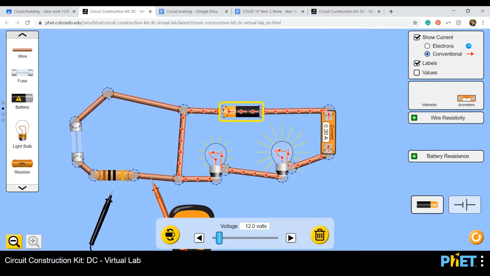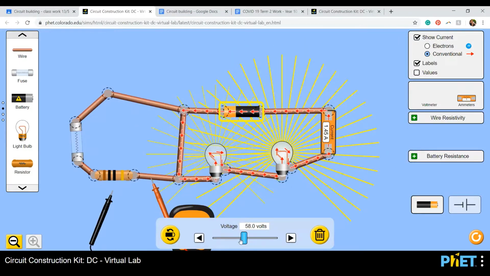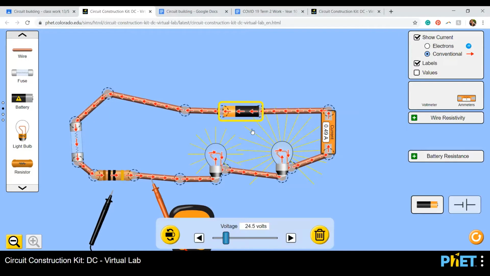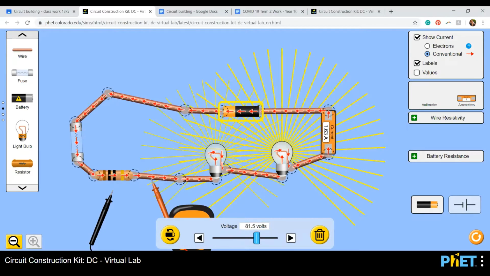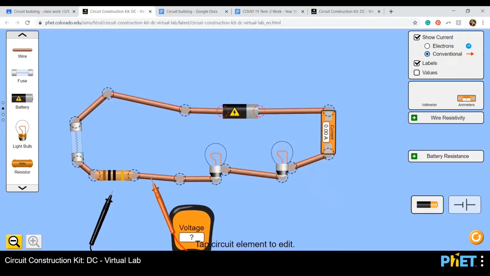Let's crank up the voltage and see. So now, if I build up the voltage too much, I think what will happen is that fuse will. If I crank up the, bang, okay, I blew up the fuse.